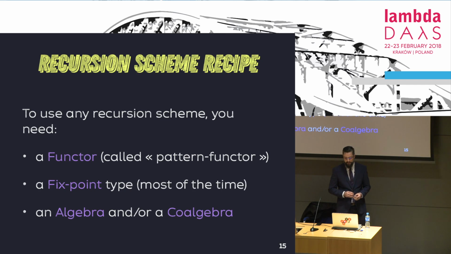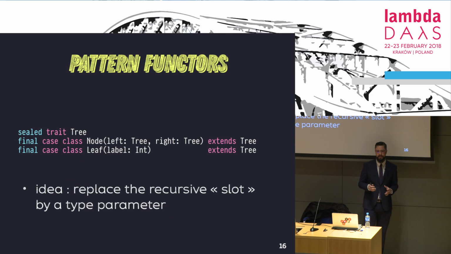Okay, cool. We'll see what it means and why it's useful. And finally, you need an algebra or a coalgebra or both. These are the recipe of what you want to do at each step. Okay so far? Okay.